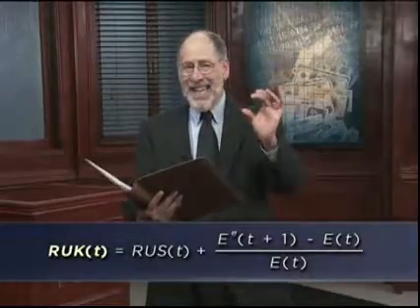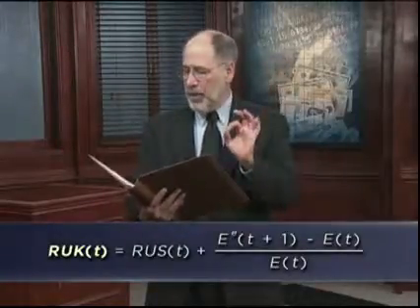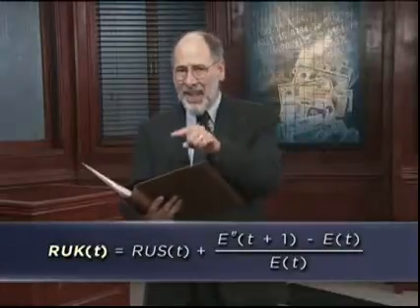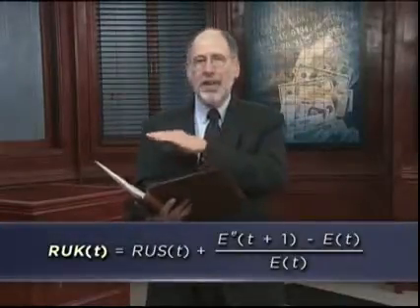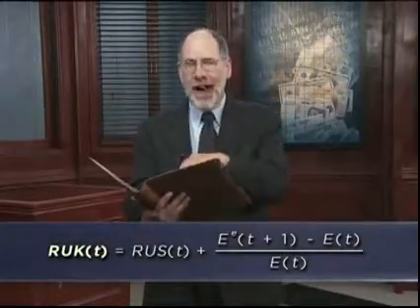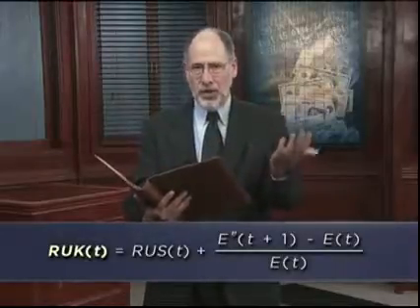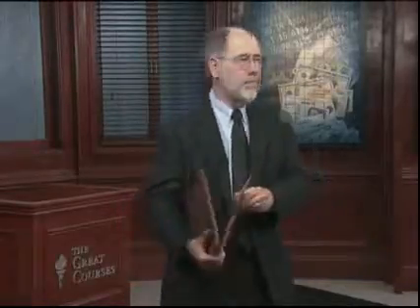Symbolically, it is E expected at time T plus 1 minus E, so the change in the exchange rate, but then that difference divided by E to convert it into percentage terms. Okay? In equilibrium, the UK interest rate will equal the US interest rate plus the percentage appreciation in the dollar expected over the period from T to T plus 1. Okay?